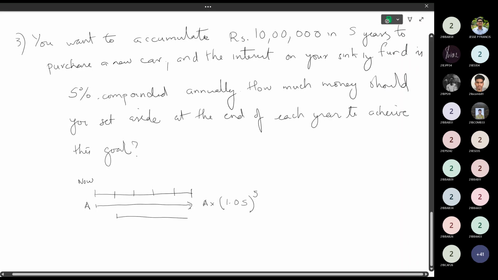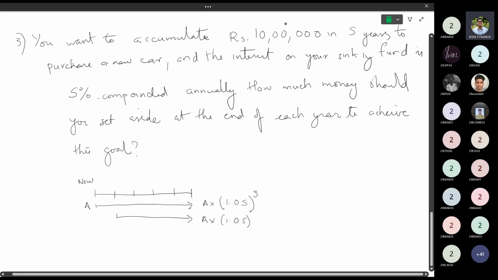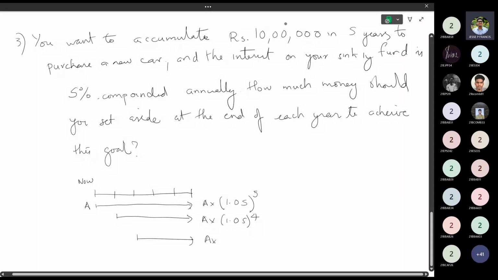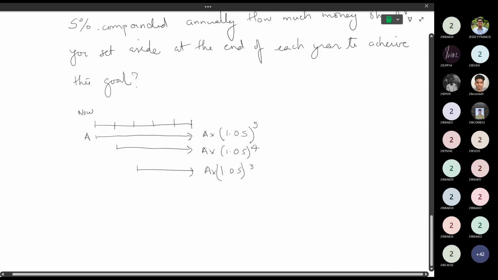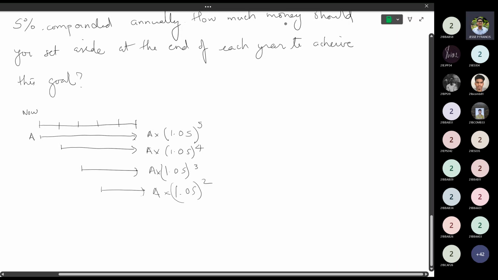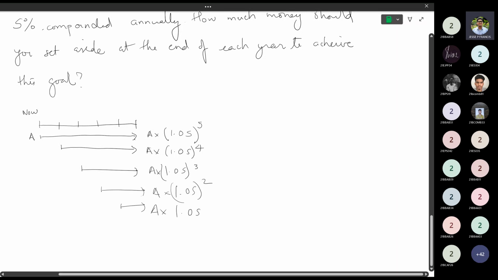Then A into 1.05 to the power 4. A into 1.05 to the power 3. A into 1.05 to the power 2. And finally here you are putting A into 1.05.